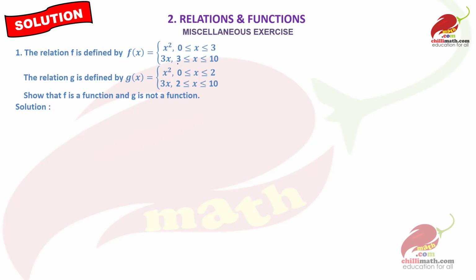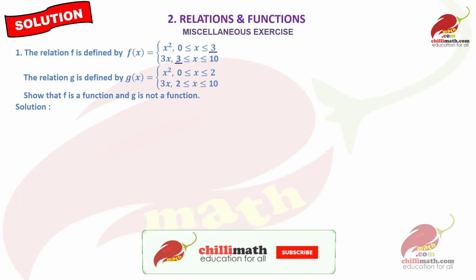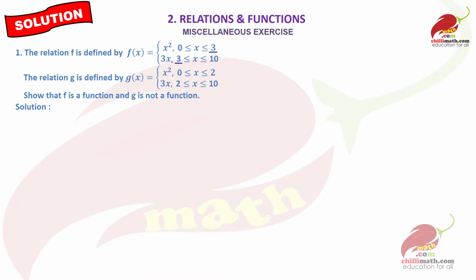Now what are these suspected points? Like as you can see, this f(x) is a split function. It has split into two parts, x square from 0 to 3 and 3x from 3 to 10. So most common suspected points are the extreme points where this function has been split, like at 3. So we can check at 3, is there any problem at this point or not.